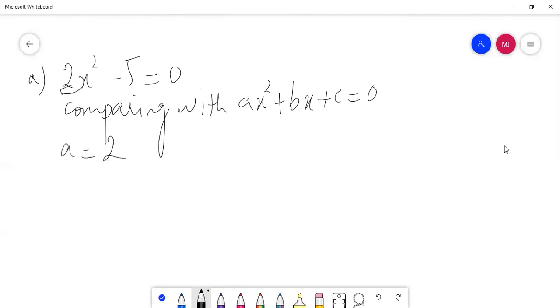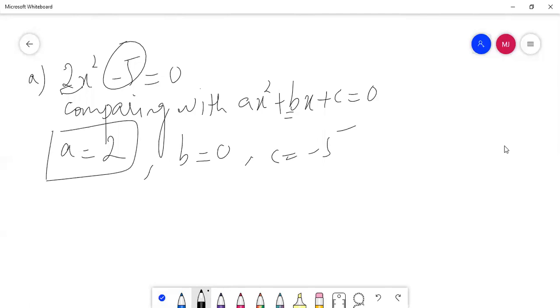Here coefficient of x square is +2. B is coefficient of x. Here coefficient of x is 0, because no term with x is present. Here b is equal to 0, and constant number is -5 in this case. So yes, this is quadratic equation because the highest power of variable x is 2 and a is not equal to 0.